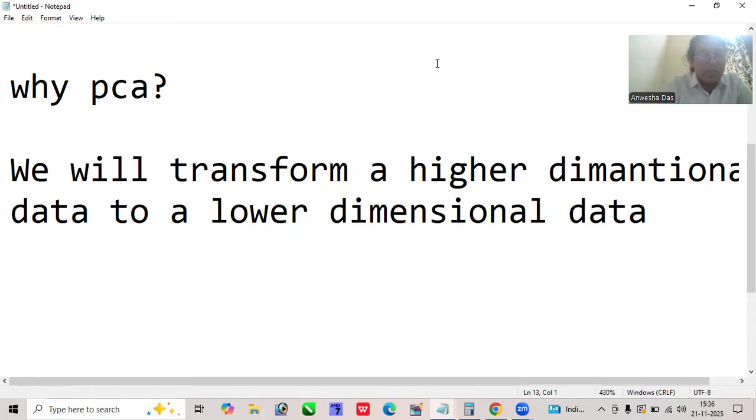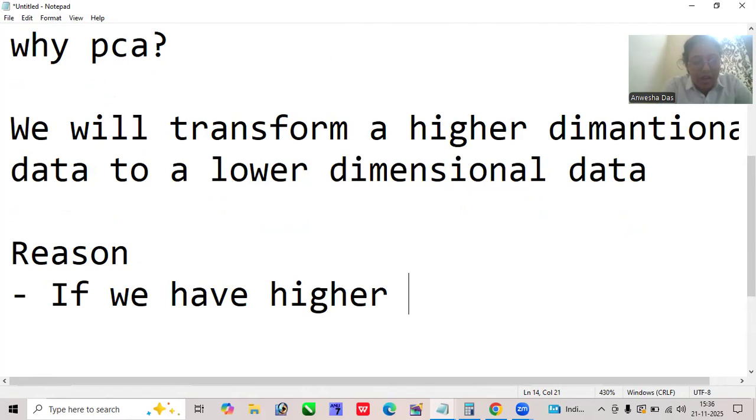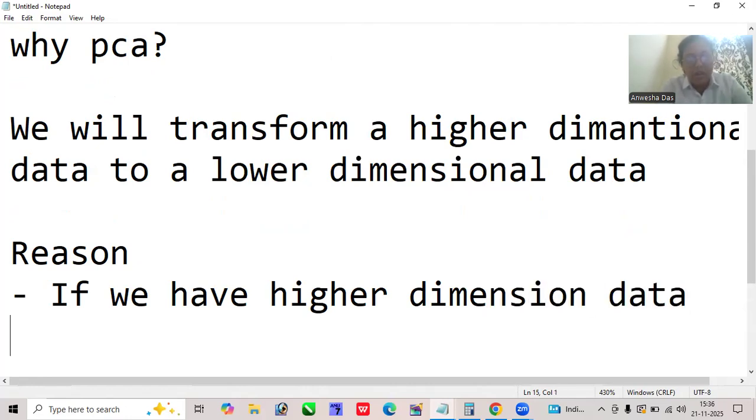So the first reason is that if we have higher dimension data, it is very difficult to visualize.